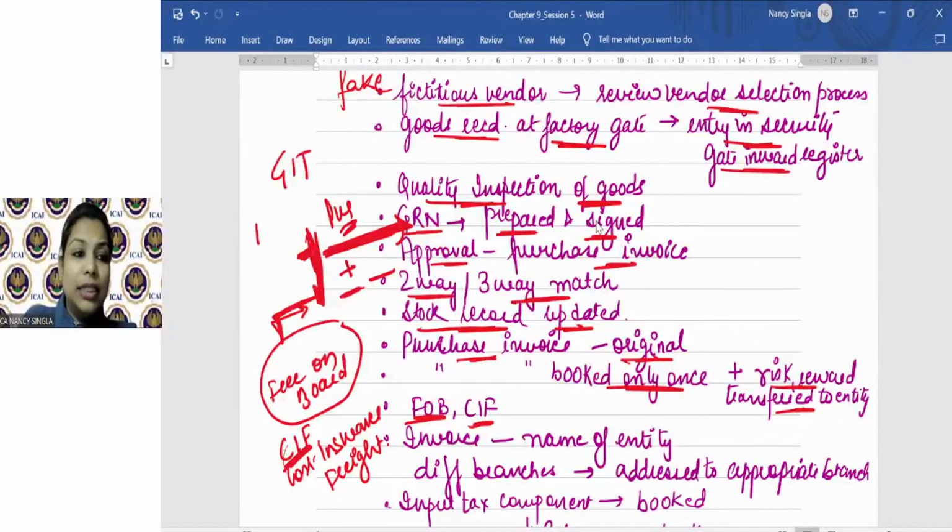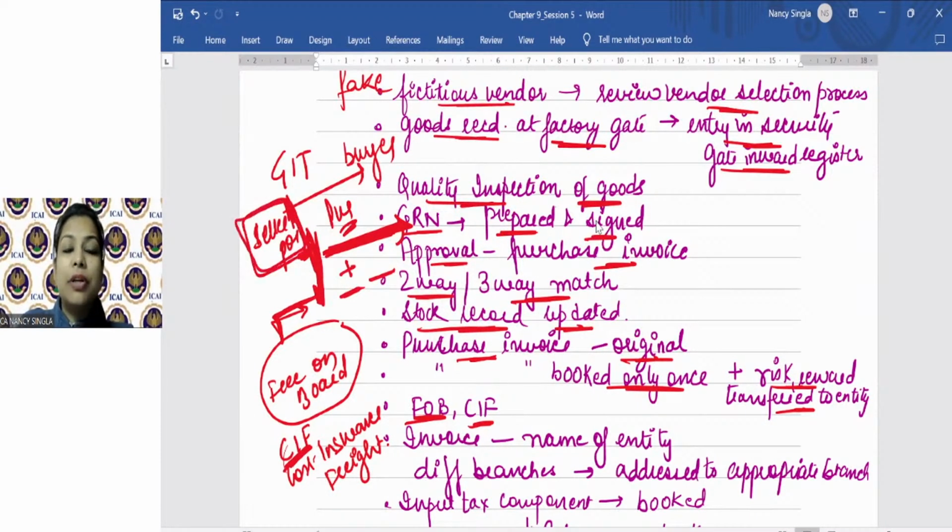यहाँ पर see, this is what the port of the seller. ठीक है? Port. And this is whose buyer's port. So FOB में तो यहीं पर the risk and reward has been transferred, तो ये किसके लिए goods in transit हो गया? Buyer के लिए. लेकिन CIF में यहां तक का खर्चा कौन bear कर रहा है?